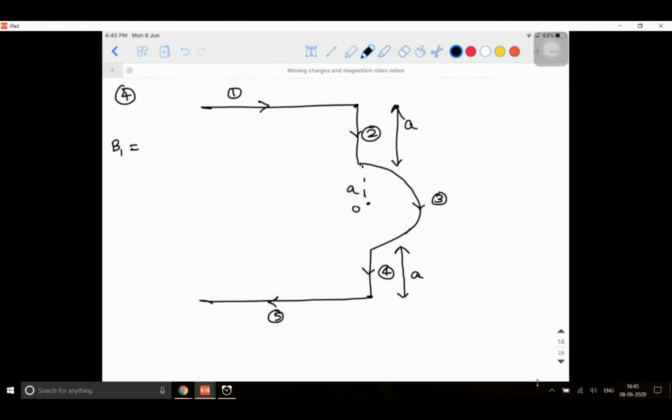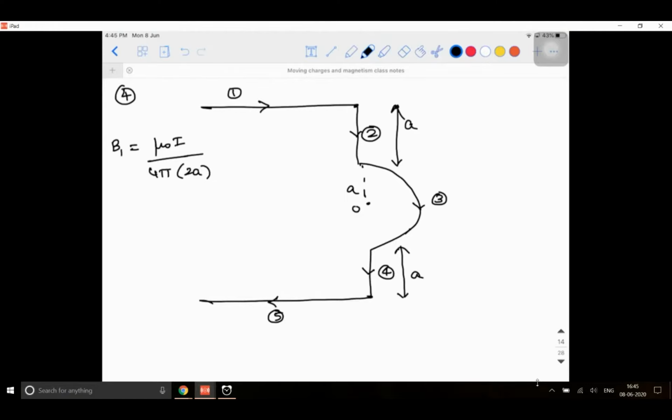One of the ends. One of the ends means what is going to be the answer? Mu naught I divided by 4 pi into the distance. Distance how much? Distance is 2a.